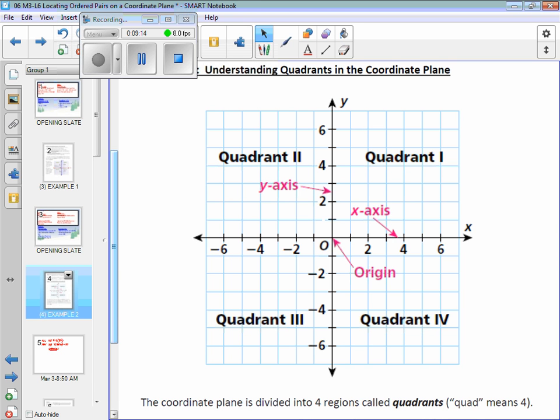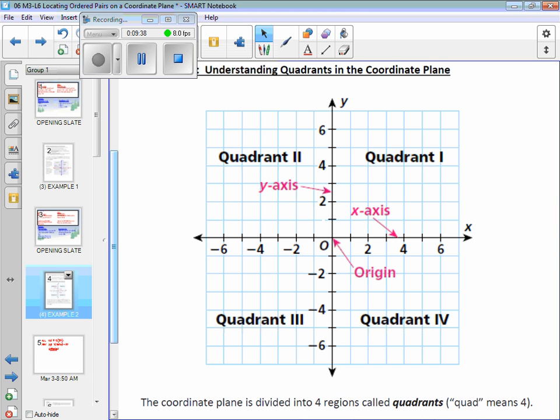Then you count them sequentially going counterclockwise, the opposite direction of the hands of a clock. So 1 is the upper right, then you go to the immediate left. That's quadrant 2. Quadrant 3 is below quadrant 2. And the last one completes in the lower right-hand corner as quadrant 4.